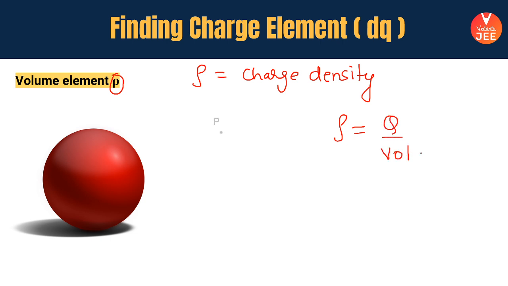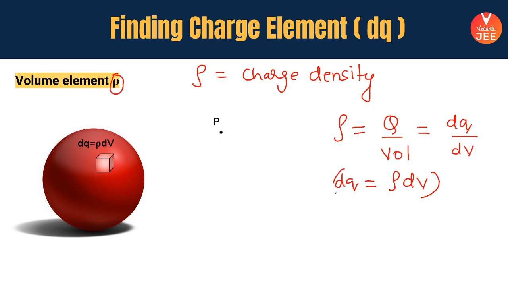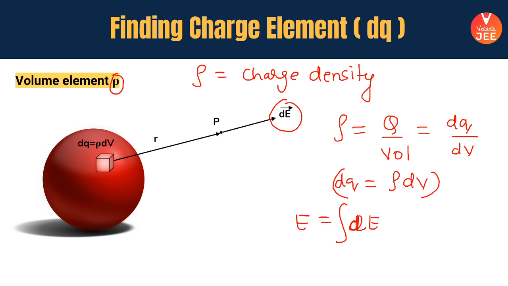So if you are interested in finding the electric field at this point P, you will divide your body into small charge elements dq having a volume dV. Each charge element will have a charge dq equal to rho dV, as you can see. Because of this element, you will try to find its electric field dE, and the net electric field will be the integral of dE.